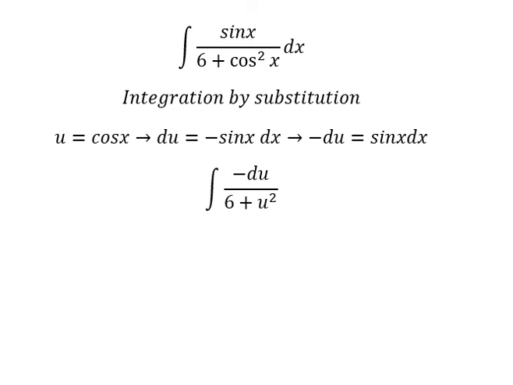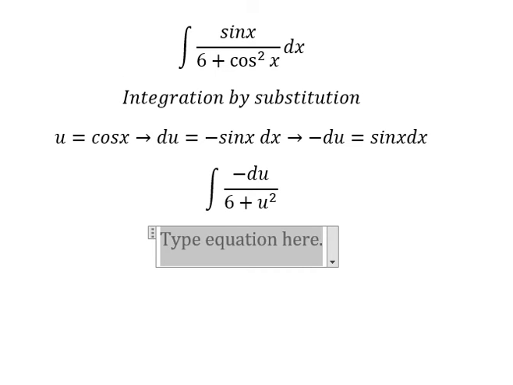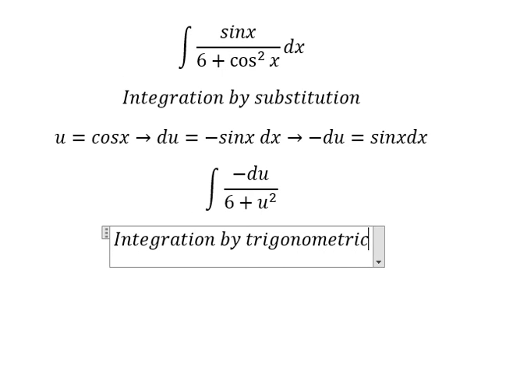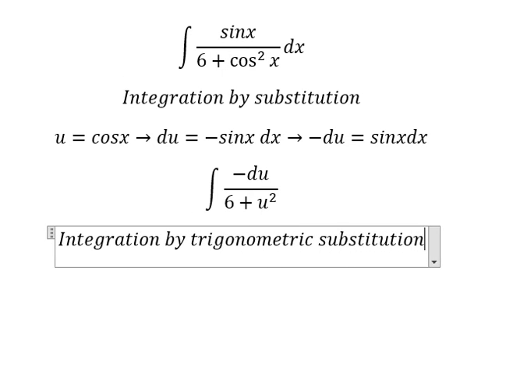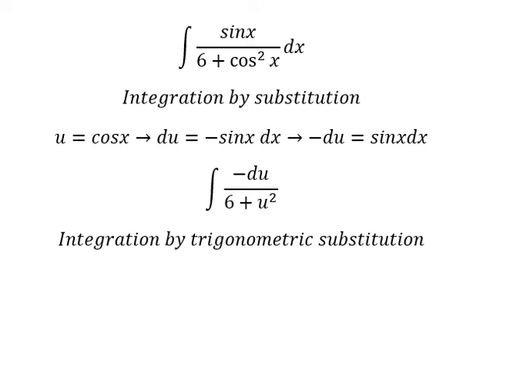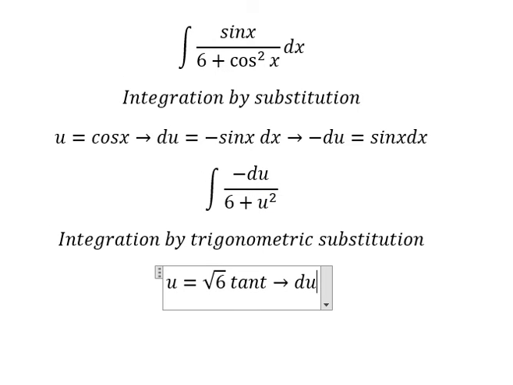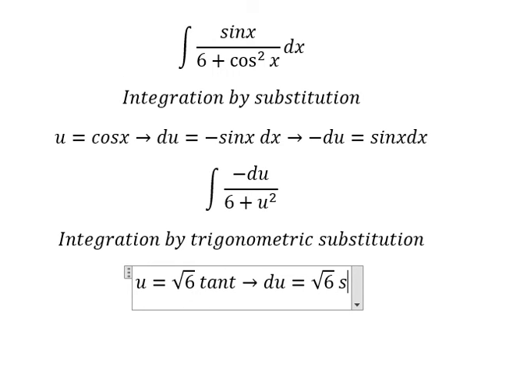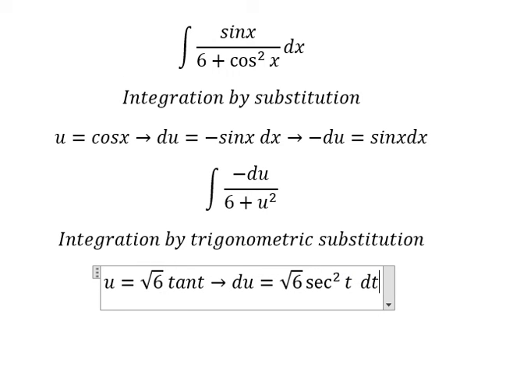Next, we can use integration by trigonometric substitution. So I will put u equals the square root of 6 tan t. So I will put this one here, and we have du equals the square root of 6 secant of t squared dt.